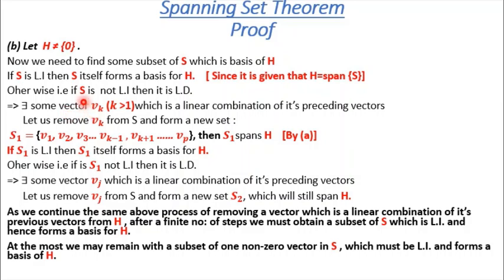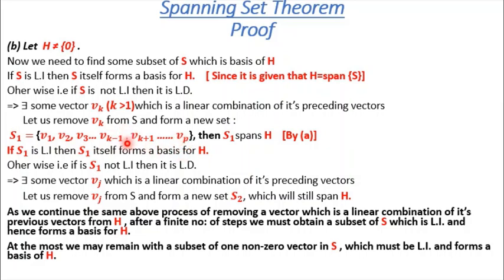So now we suppose S is LD, then this result should be true. That means there will be a vector Vk in S which is a linear combination of its preceding vectors. Then we remove that Vk from S and form a new set S1, which has all the vectors of S except Vk.